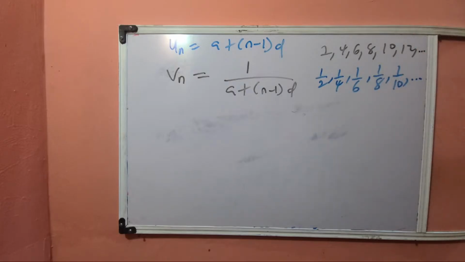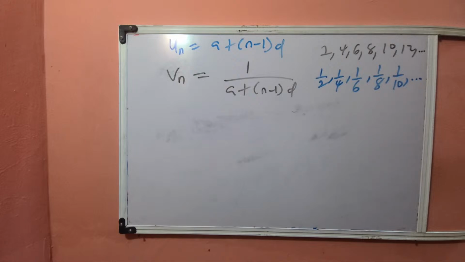There are many questions that used to come out in this sense, or probably some questions may come out, that would ask you to identify if a particular sequence is harmonic or not. How you need to tackle questions like that is to ask yourself, does the denominator of the sequence form an AP?